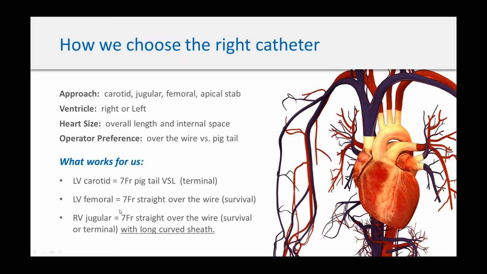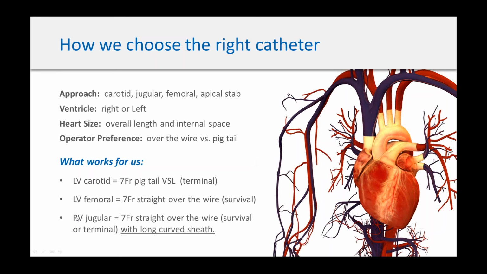If we're going from a femoral approach for the left ventricle, and this is how we normally do it for a survival approach so the animals recover quickly, we find that in pigs in particular, the aortic arch diameter is pretty tight, and it's a lot of times hard to get a pigtail around, so we prefer the straight catheters in this case. Over the wire, we can run the wire up into the left ventricle, and the catheter will follow the wire into the left ventricle, and it makes it easier. Otherwise, we're shooting up into one of the carotids a lot of times, having problems getting around these corners.